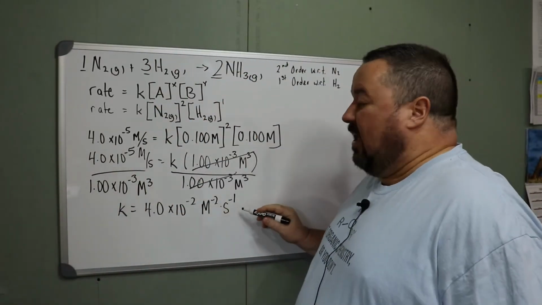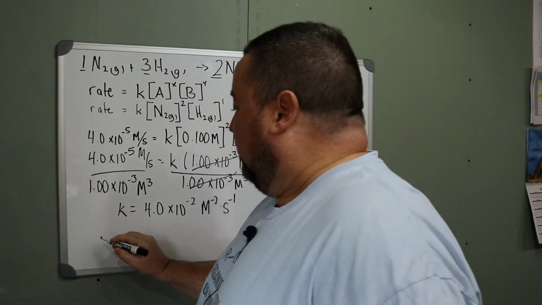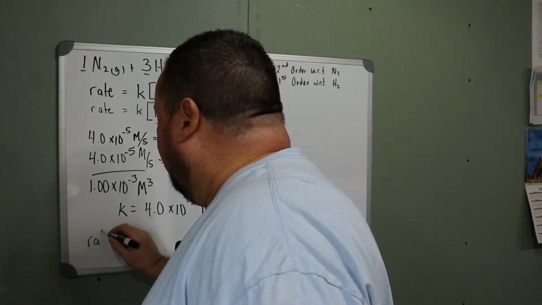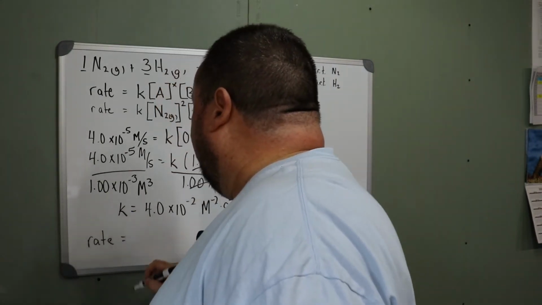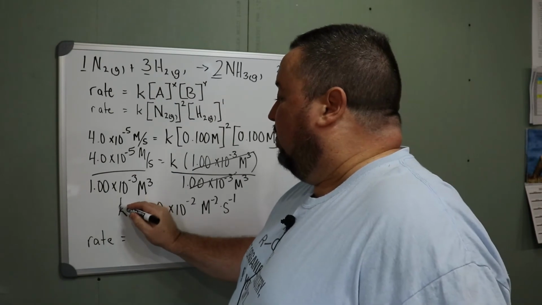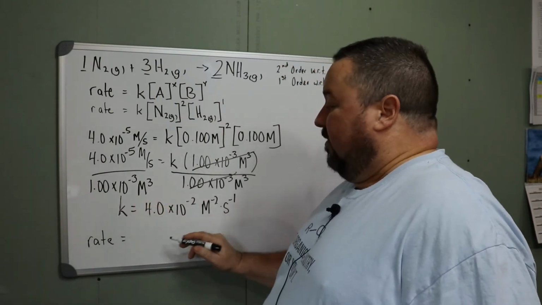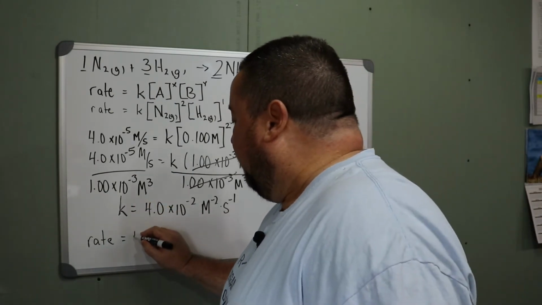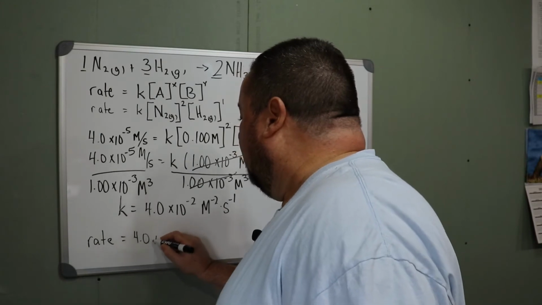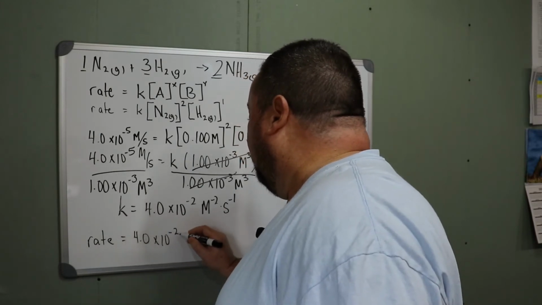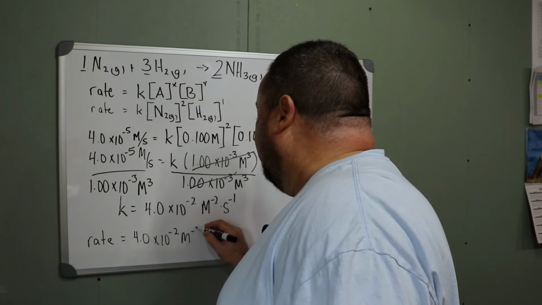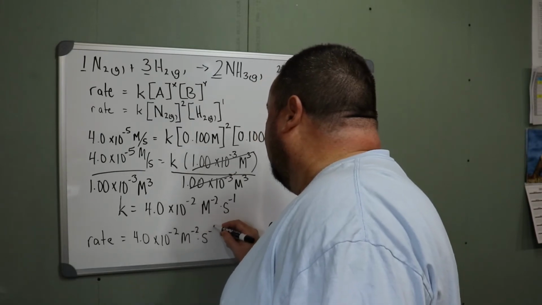Let's just put this K back into the rate law. Rate is equal to little k, but here I'm going to actually put the value of little k into the rate law. 4.0 times 10 to the negative 2 mole per liter to the minus 2 seconds to the minus 1.